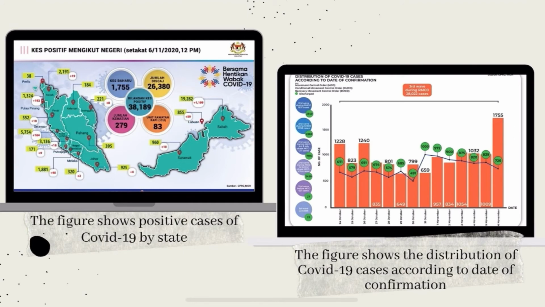And the line graph shows the trend of discharge, where the highest number was on 31st October with 1,000 patients discharged on that day.